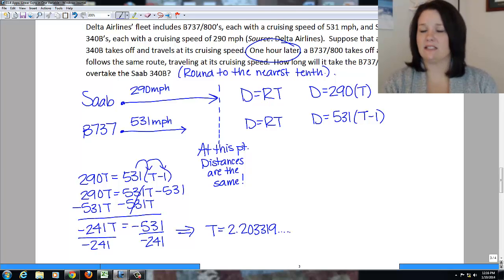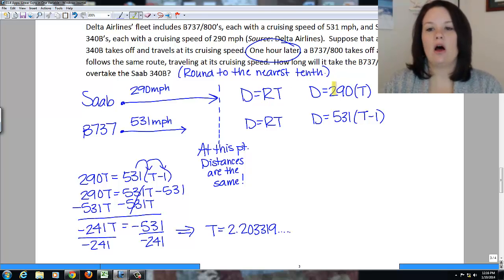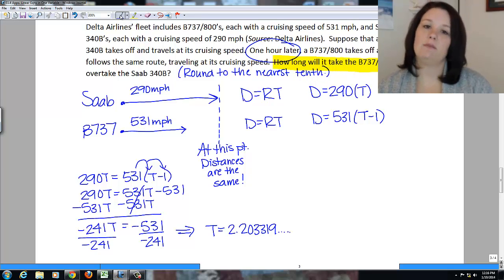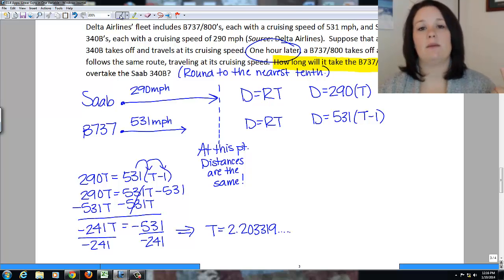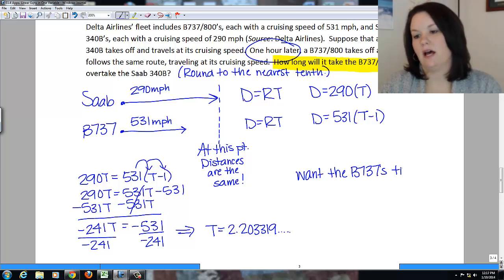Now, t is the time of which plane? If I look back at my equations, t is the time for my first plane, my Saab plane, right? What my question's asking me for is how long will it take the B737 to overtake it? So I'm not looking for the time of the first plane, I'm looking for the time of the second plane. So I'm going to put over here, we want the B737's time.